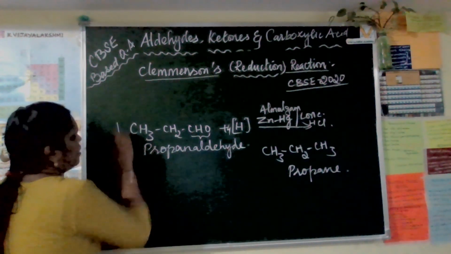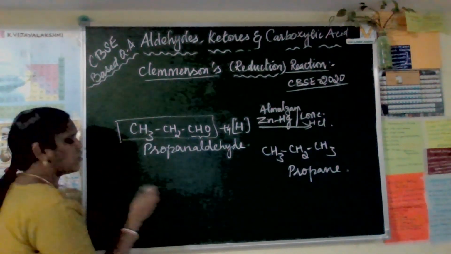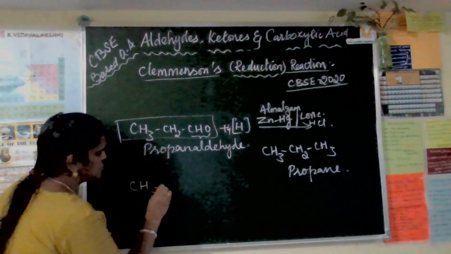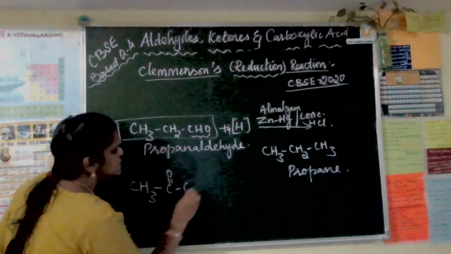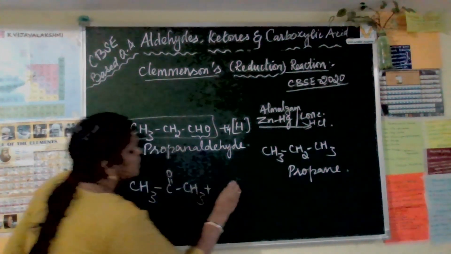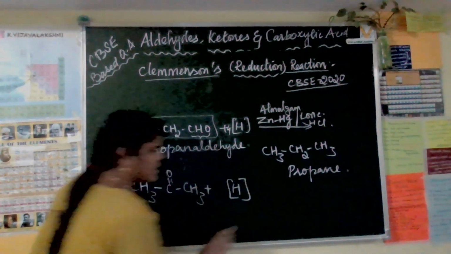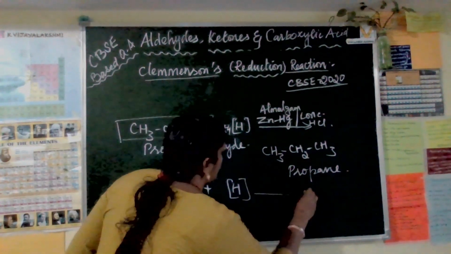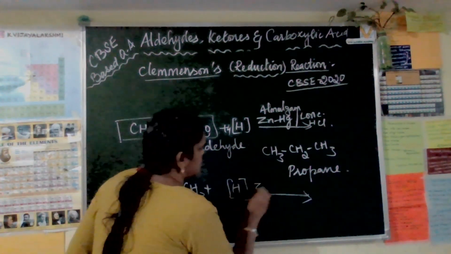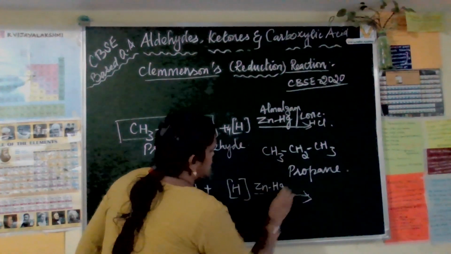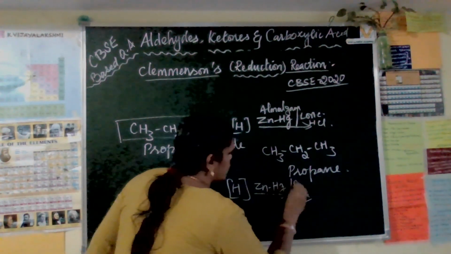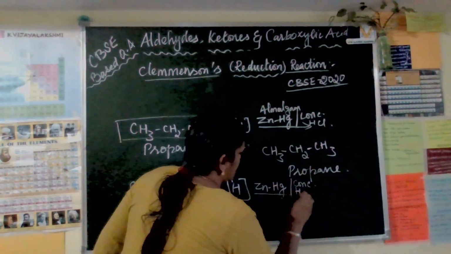Now ketone also. For example, ketone CH3, C double bond O, CH3. The same thing: reduction means hydrazone, it's mandatory. Zinc amalgam, ZnHg, in the presence of concentrated HCl.